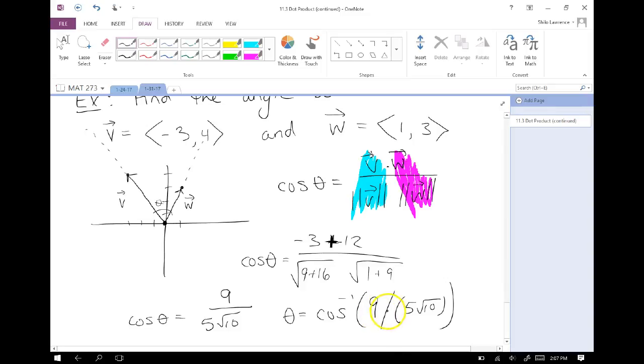So if I just said 9 divided by 5 root 10, 5 root 10 is really 5 times root 10. Multiplication and division are going to be done from left to right. So it would really do 9 divided by 5, and then multiply that value by root 10, and we don't want it to do that. We need to make sure the root 10 is in the denominator. So we do need this separate set of parentheses around our denominator because there's an operation in there.